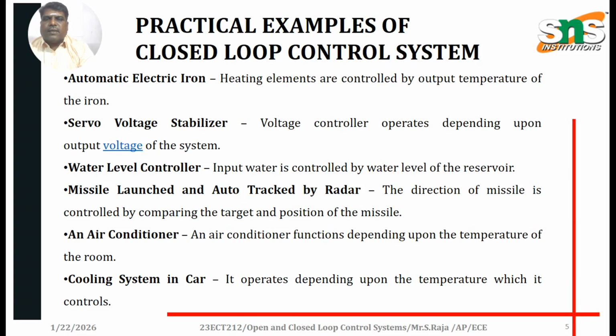Water level controller: input water is controlled by the water level of the reservoir. Missile launcher auto tracked by radar: the direction of the missile is controlled by comparing the target and the position of the missile. An air conditioner functions depending upon the temperature of the room. Cooling system in a car: it operates depending upon the temperature which is controlled.